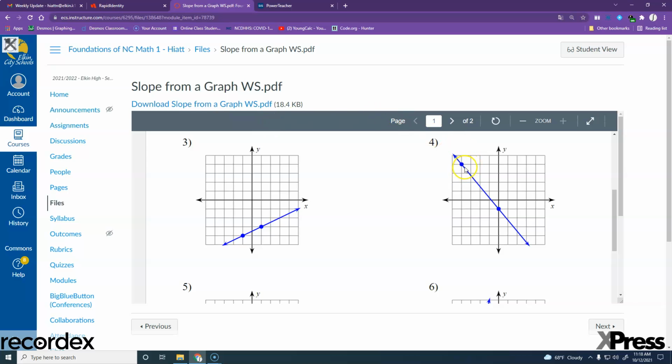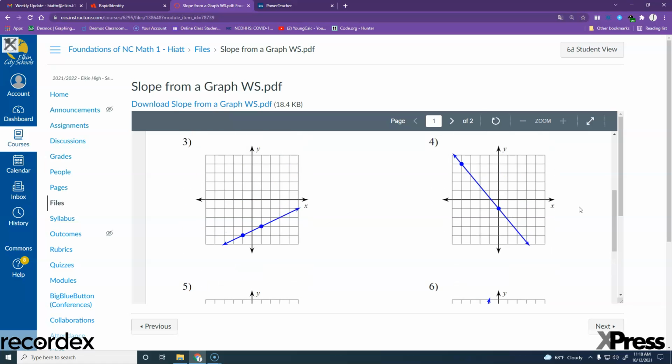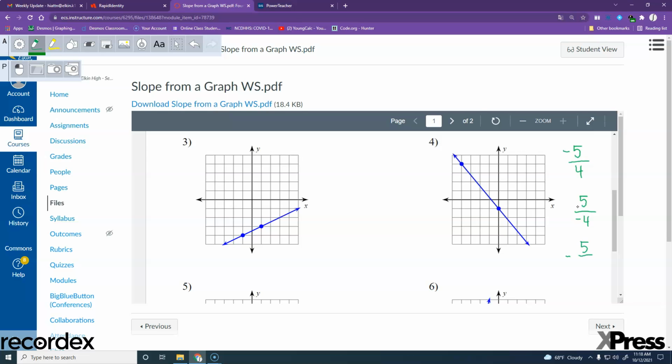Let's see, Vince, what'd you get for number 4? -5/4 is correct for number 4. Okay, so this is how negatives work: -5/4 and 5/-4, or writing the negative out front of the whole fraction, those are all equal to each other.